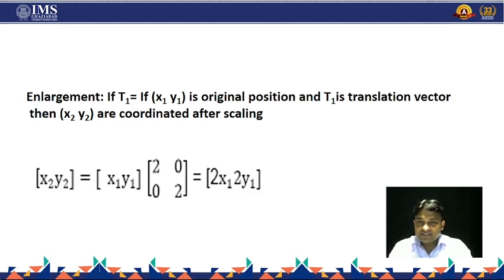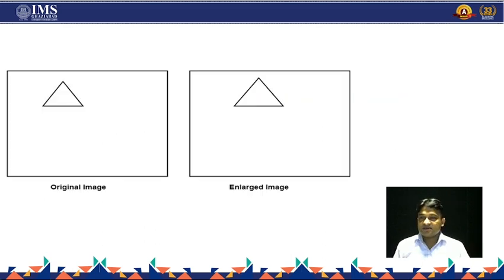Pictorially we can say it like this. We have an image on the left hand side and the right hand side. The original image before the scaling factor is applied as 2 is this triangle. After enlarging the image by applying the scaling factors on the original object, it becomes like that.